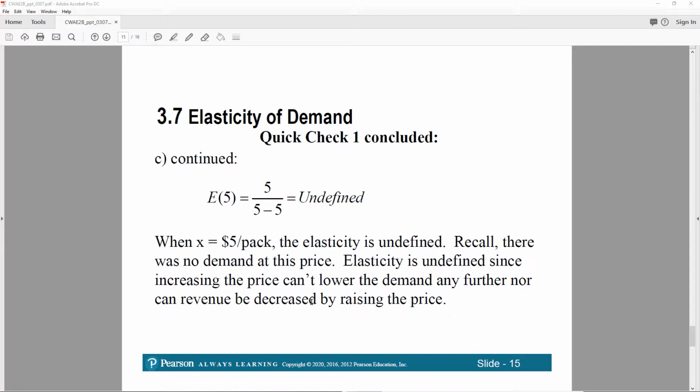There'll be no demand for it. The price is too high.